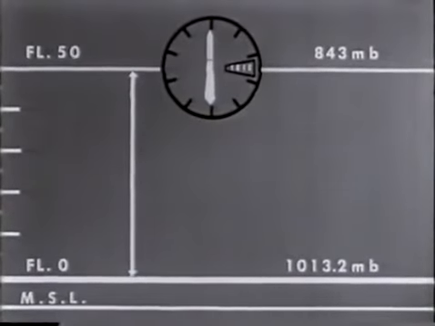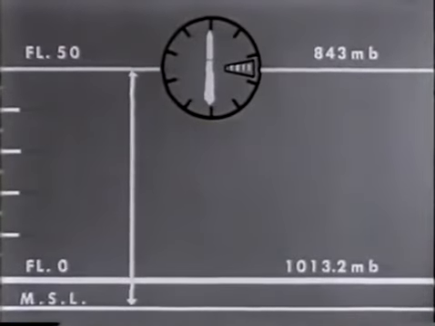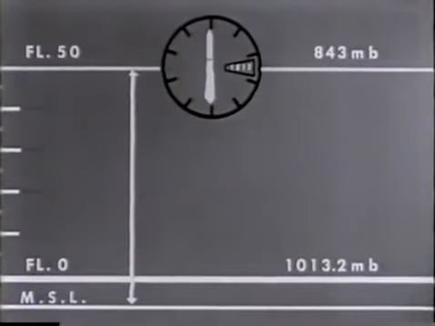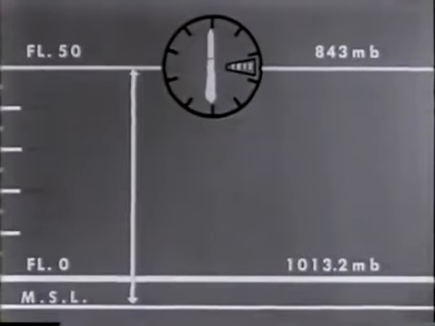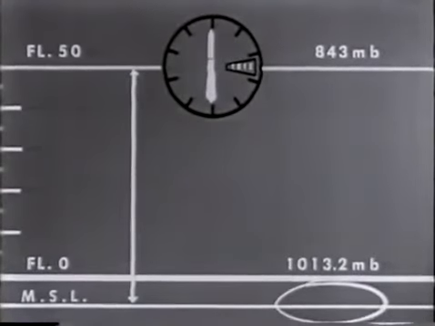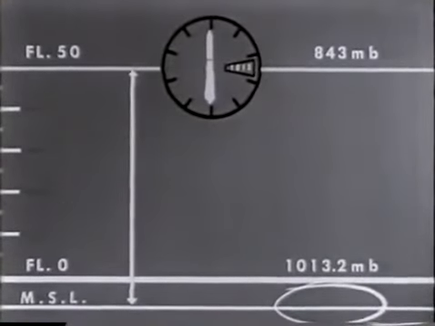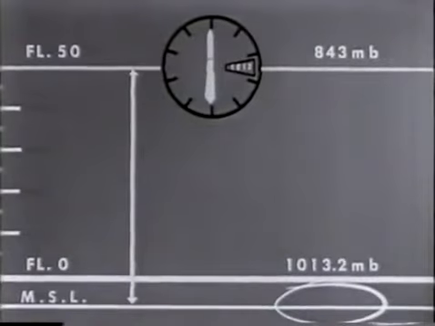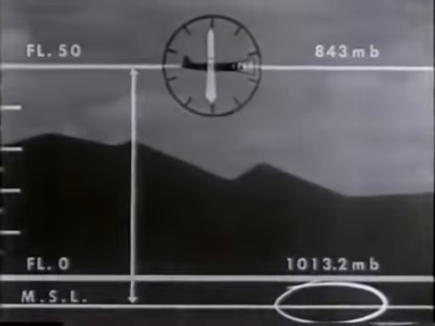The pilot, however, wants to know his height above mean sea level. To determine this, he must find the pressure at this level. This pressure must be measured by an observer on the ground.